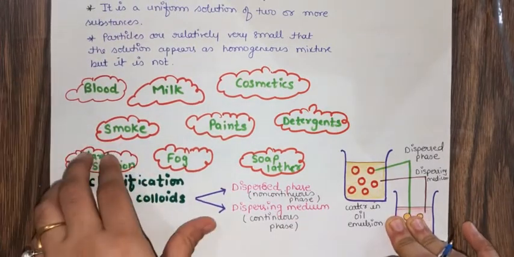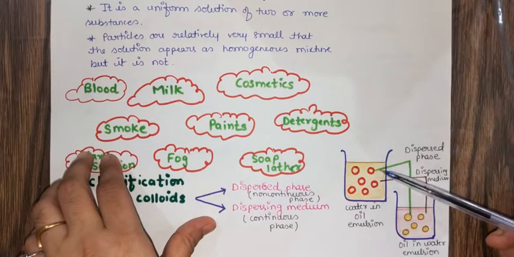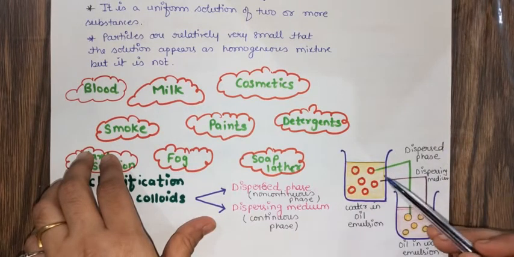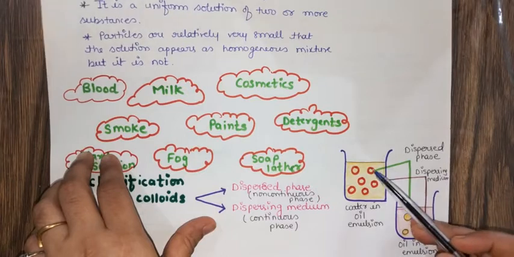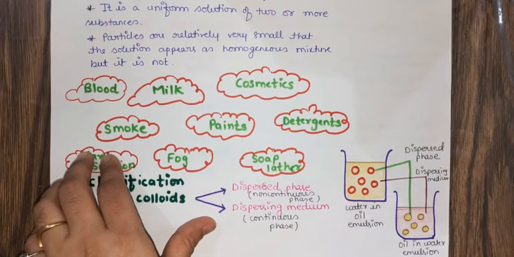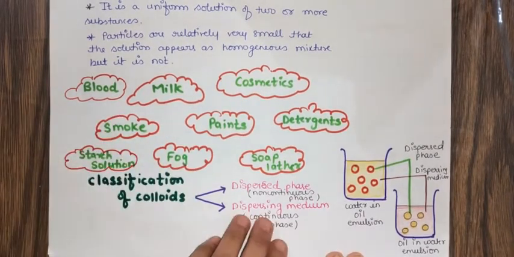Now let us see what happens if I pour water into the oil. In this container, you can see that this yellow part is the oil and these are the water droplets, H2O. Now in this container you can see the water in which there are yellow oil droplets. Now how do we know which one is the dispersed phase and which one is the dispersing medium?